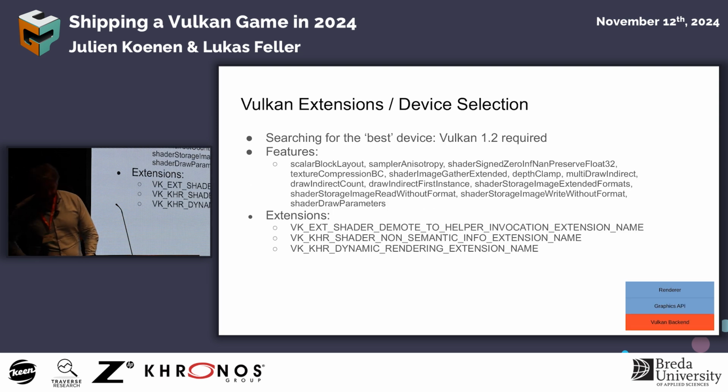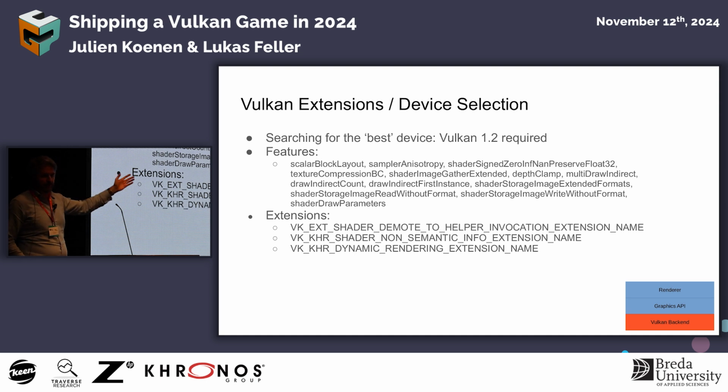All right, to actually create the device in the backend, we search for the best device. There's a couple of things we need from the device. It's called features. So first, we only require Vulkan 1.2 right now. Maybe even in the future we want to switch to 1.3, but right now it's 1.2.